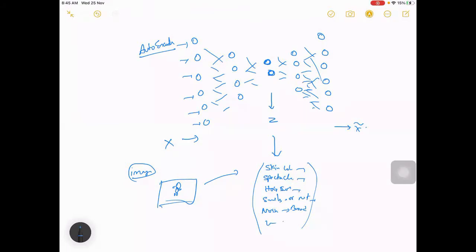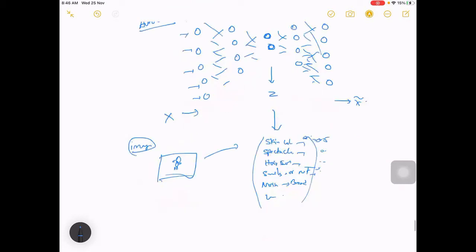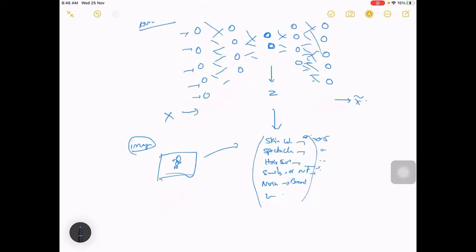For each image you'll get some value. Skin color, something like 0.5. Is he using spectacles, maybe 0. Hair color, hairstyle, some feature for each. Something like that may be extracted. This is just my interpretation; actually it will be doing something else.